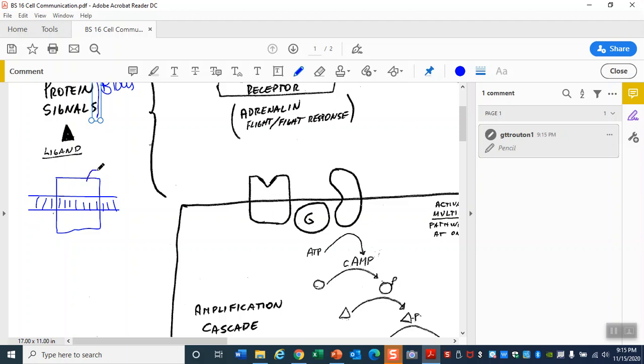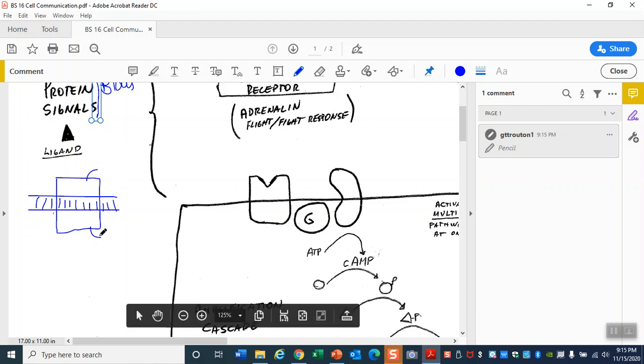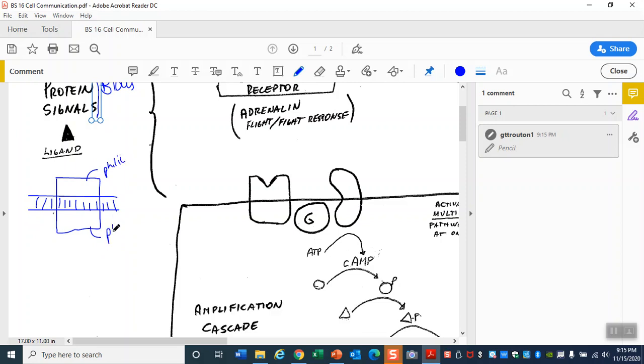The portion above and below the membrane, the extracellular matrix and the cytoplasmic side, those, remember, are hydrophilic portions of that receptor, of that protein, right? The middle portion is hydrophobic. So this was your receptor.